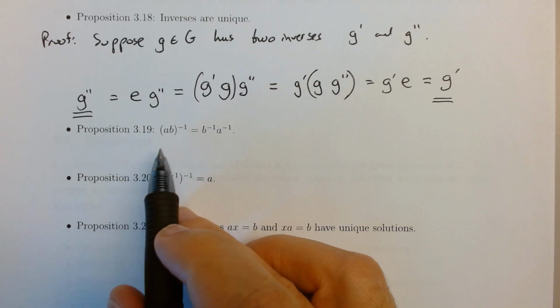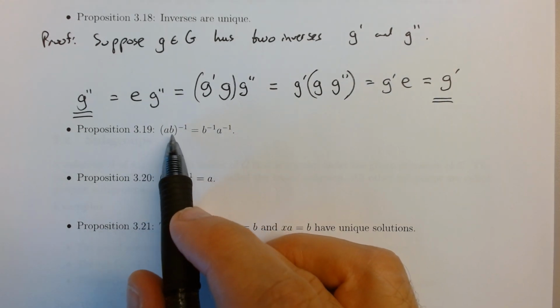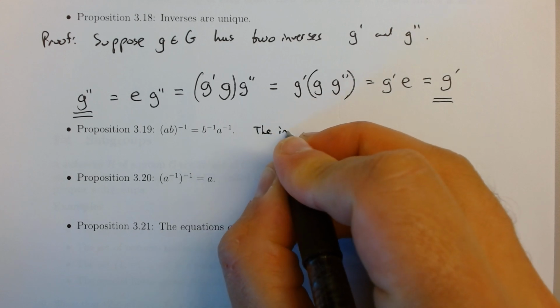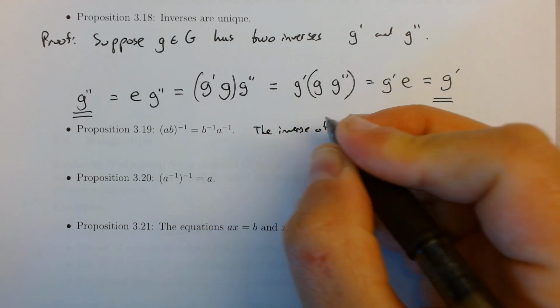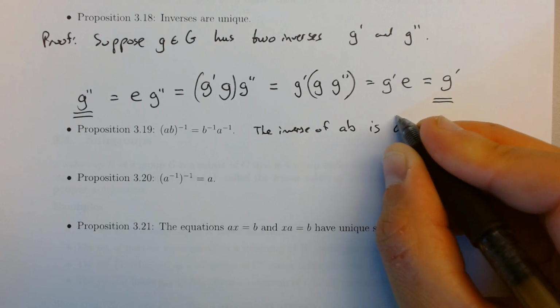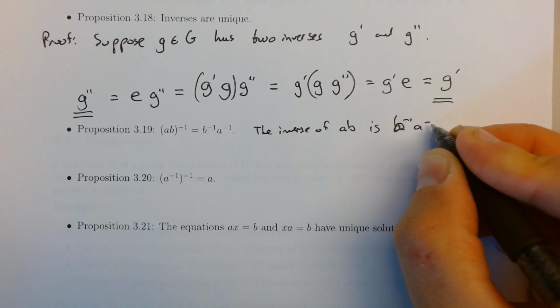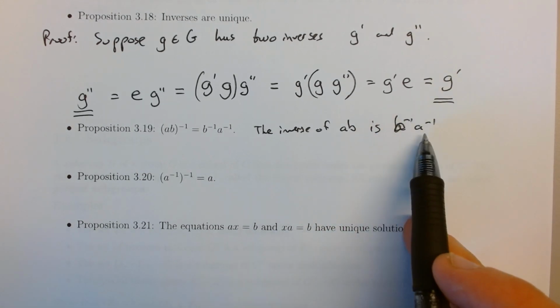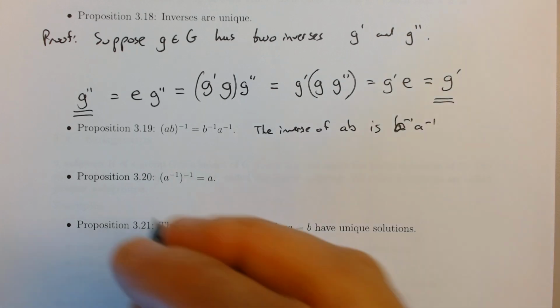So how do you prove something like this? In words, we're saying the inverse of AB is B inverse A inverse. So how do I show that the inverse of something is something else? Well, multiply them together and see if you get the identity.